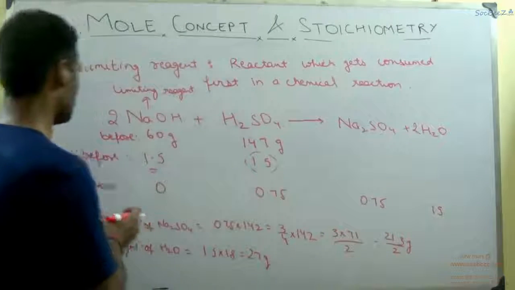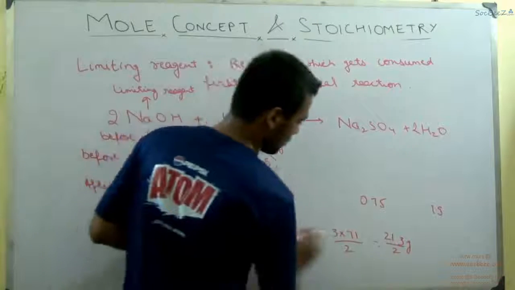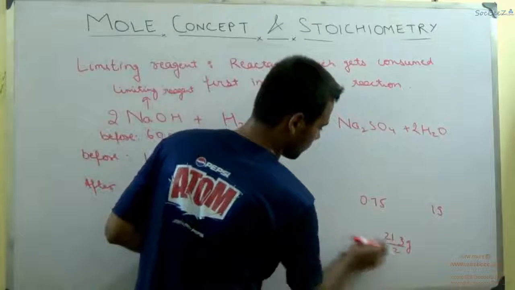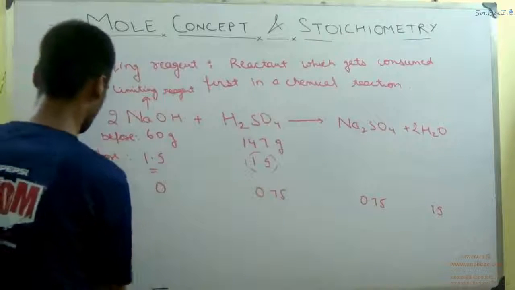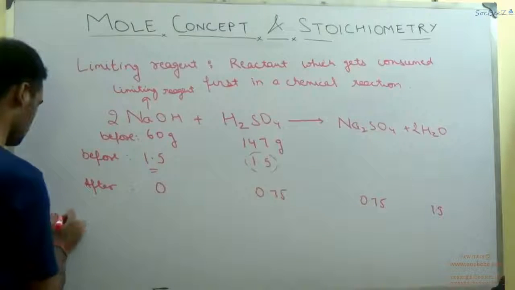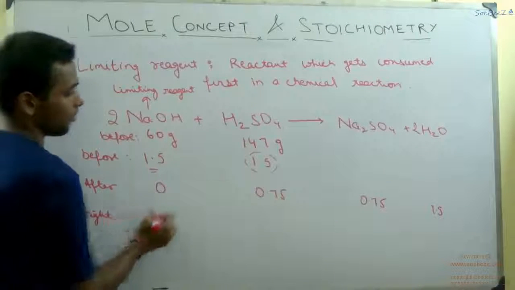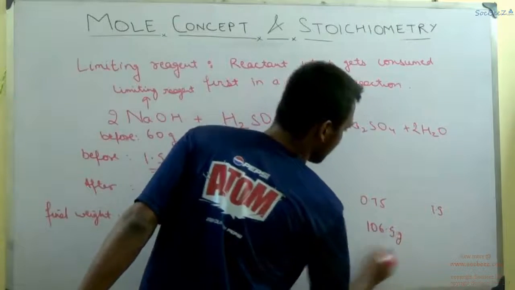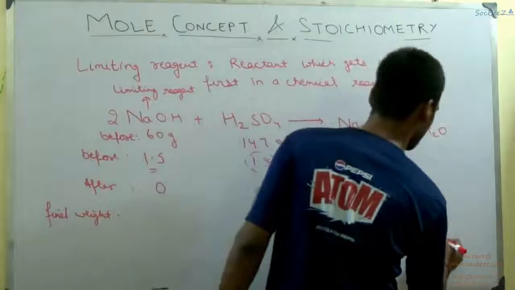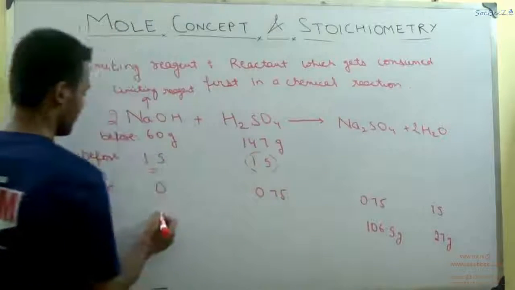So the final weight of species: for Na2SO4 is 106.5 gram, for H2O is 27 gram, and no amount of NaOH will be left.